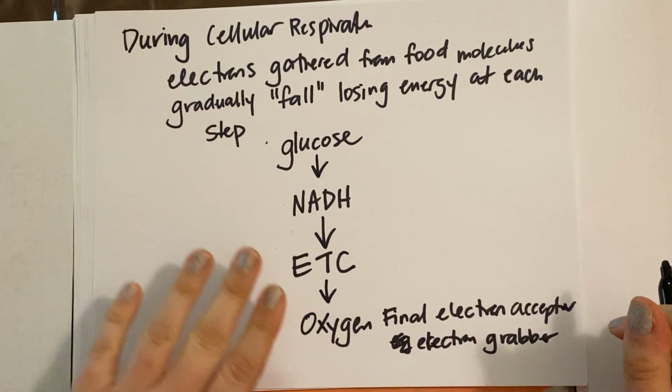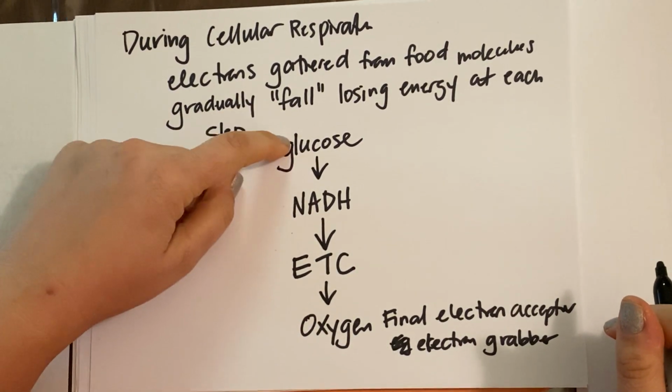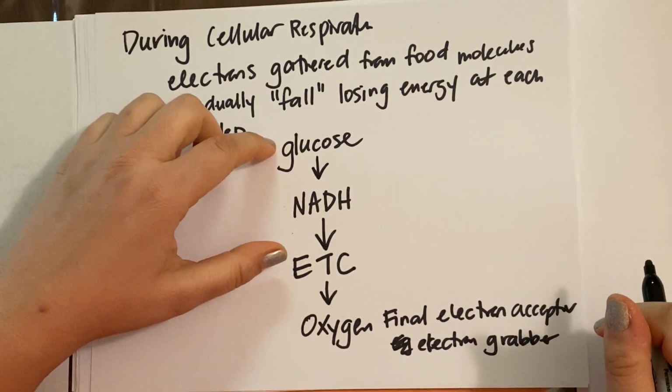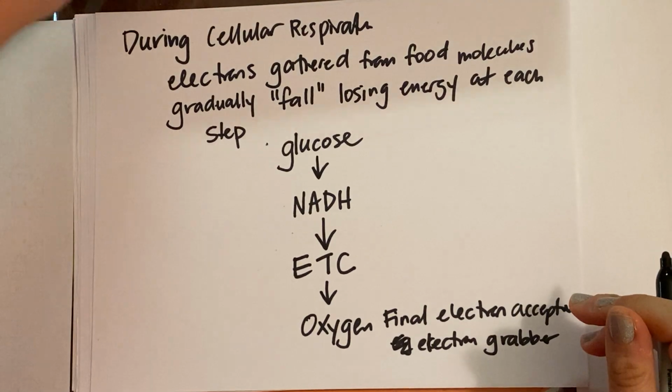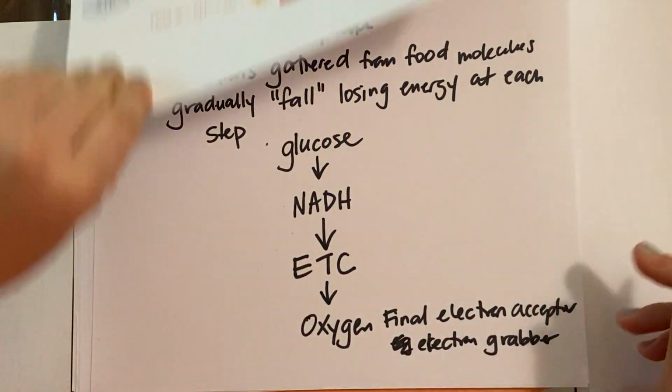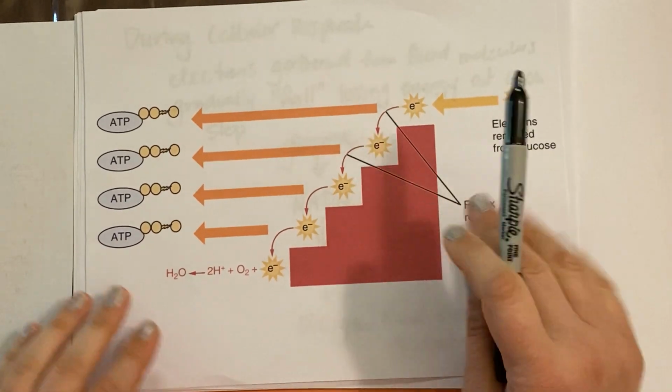Now you have to be careful, because you can't just go from glucose to oxygen directly, since the energy would be lost that way. Instead, you take the electrons removed from glucose and step them down in multiple steps.